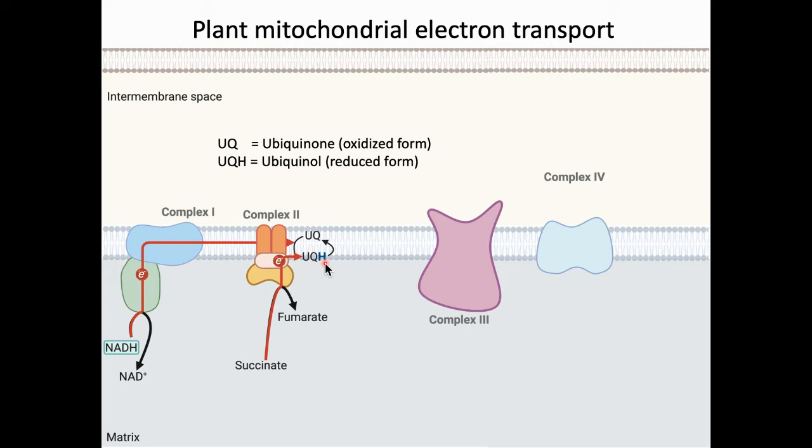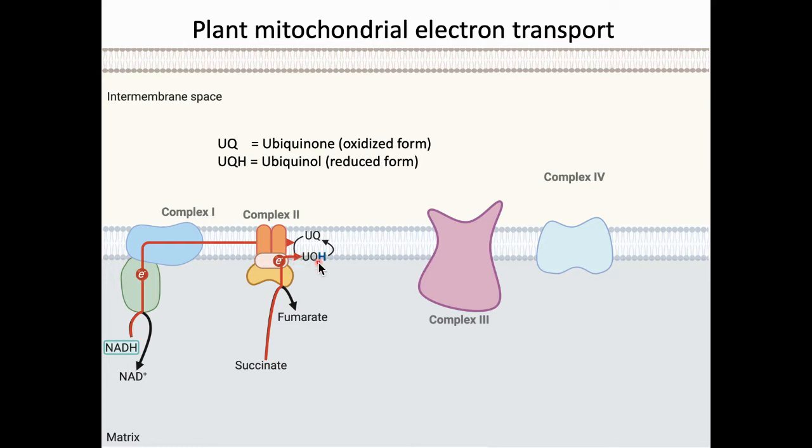Q10 or coenzyme Q is actually the other name of ubiquinone, which is the antioxidant. It will receive electrons and is involved in the electron transport chain of humans as well.